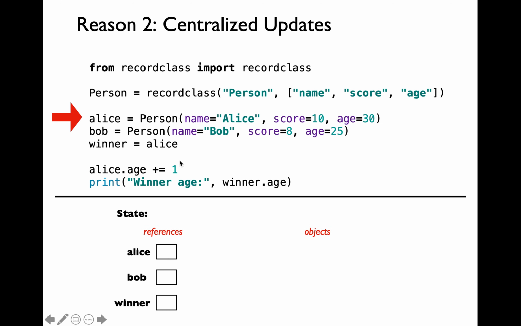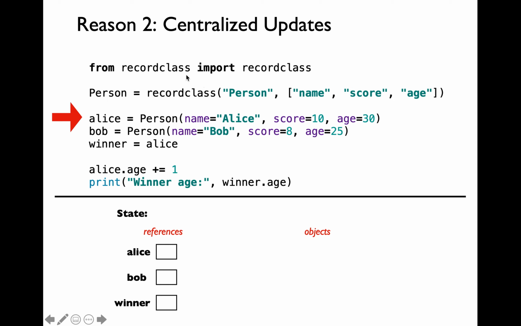Let's consider reason number 2, which has to do with centralized updates. I'm going to go through each line of code within this code snippet. First of all, we are importing recordclass by saying from recordclass import recordclass.